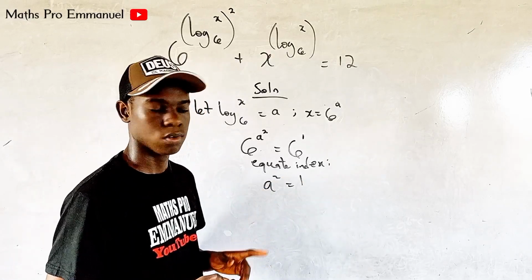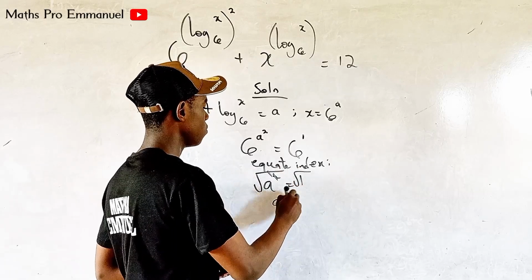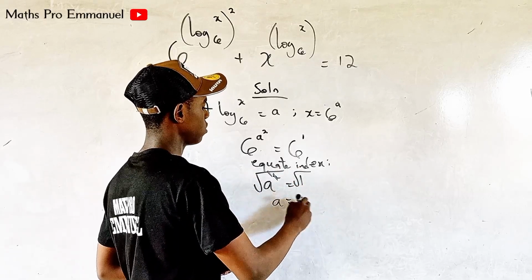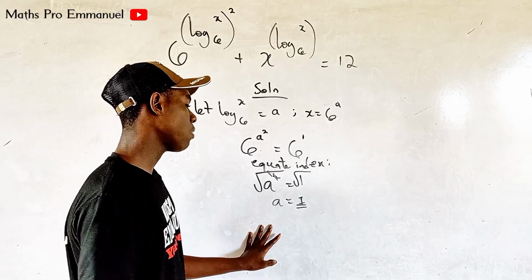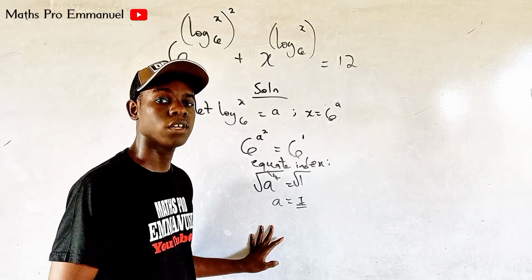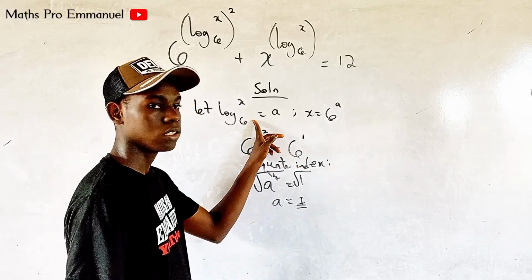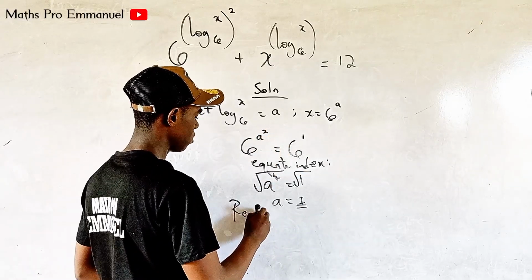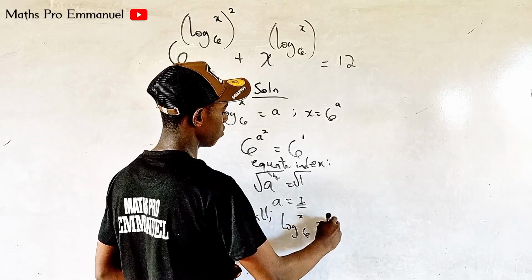A squared is equal to 1. So from here, I'm going to take the square root of both sides to get the value of a. A will be equal to 1. So I was not looking for a, I was looking for the value of x. So after getting the value of a, I will recall that log x base 6 is equal to a.